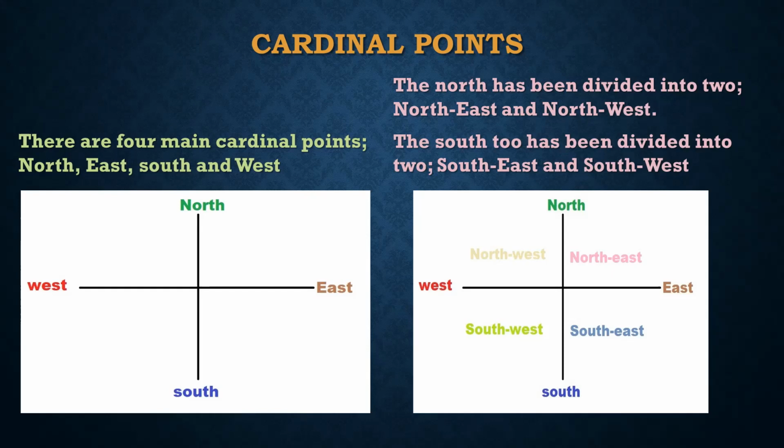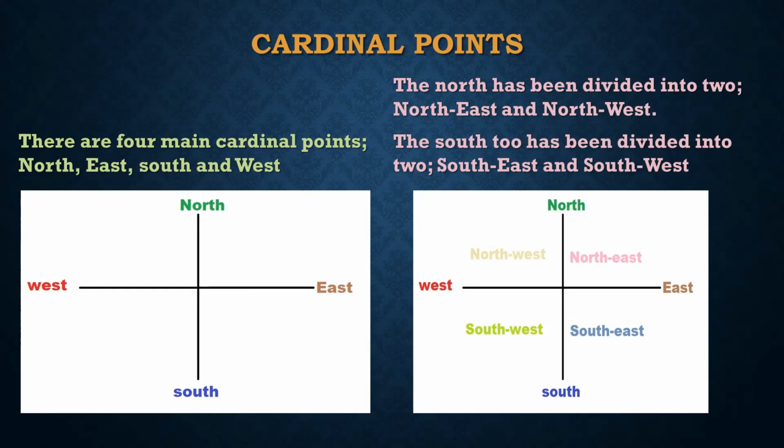Therefore, the north has been divided into 2 equal parts, that is northeast and northwest. Northeast is the area between the north and the east. Northwest is the area between the north and the west.